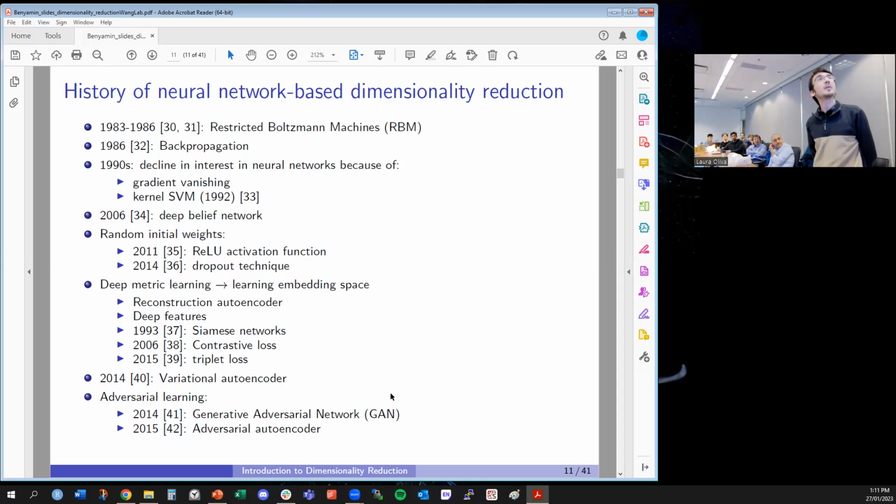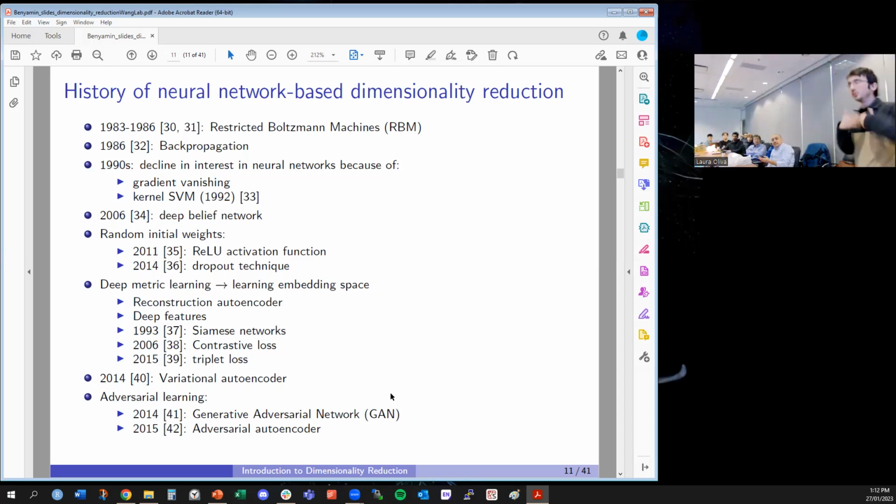And then deep metric learning came up, where we have reconstruction autoencoder, deep features, and Siamese networks, which came up in 1993, but were used a lot by Facebook and Google as contrastive loss and triplet loss in 2006 and in 2015. In 2014, the variational autoencoder was proposed, I think, by Maxwell et al.